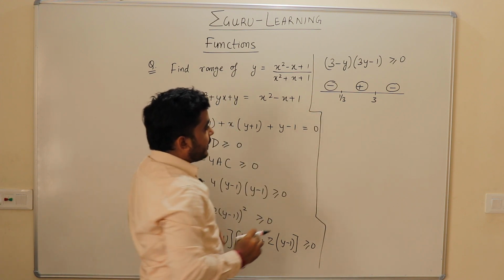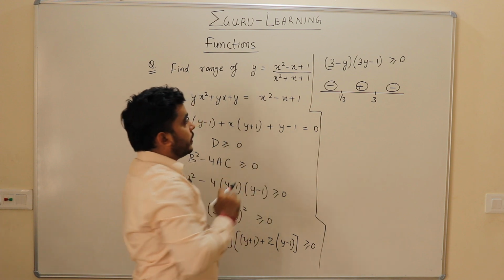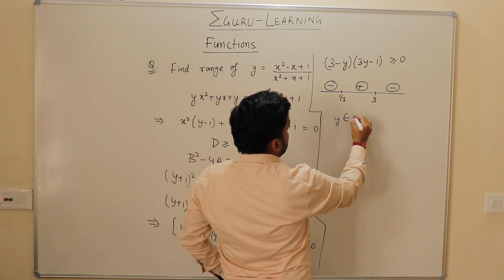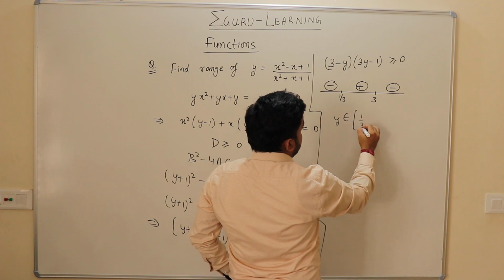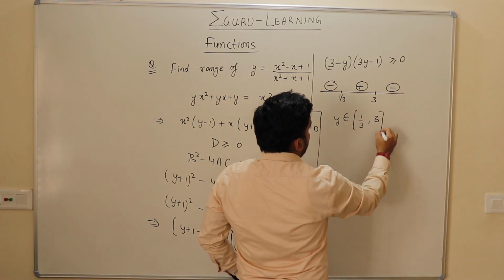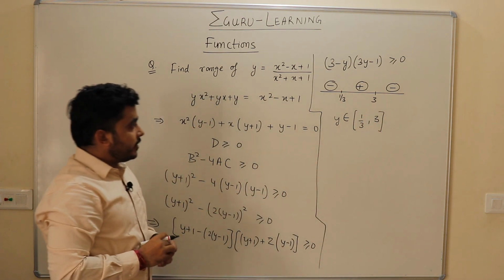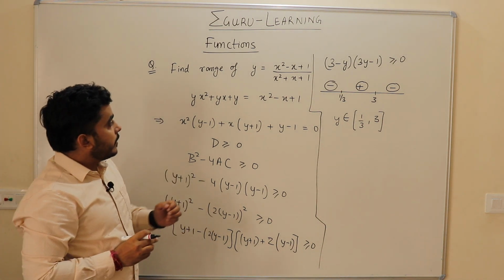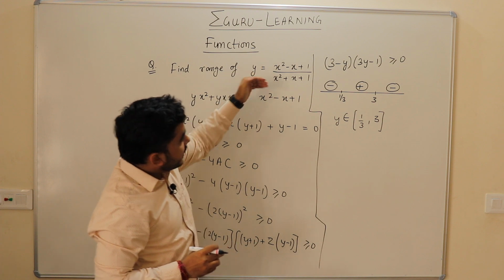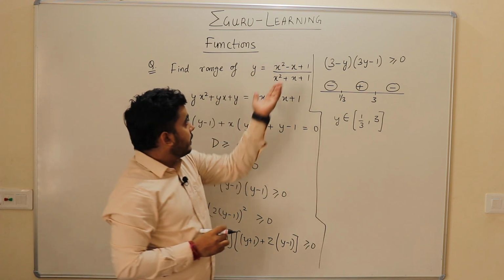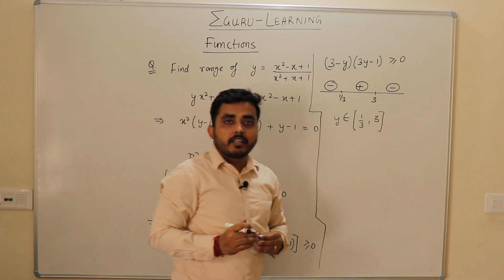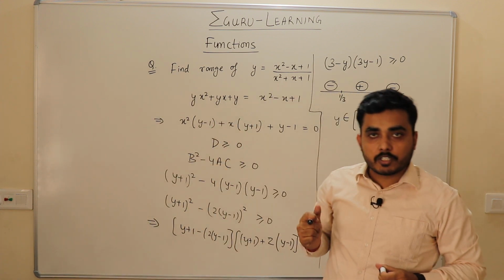Hence the range of this function is y belongs to 1 by 3 to 3, both closed. In this manner we can find the range of functions with quadratics in numerator and denominator, that is, rational forms. I hope you are now clear about how to get the range of these types of questions.